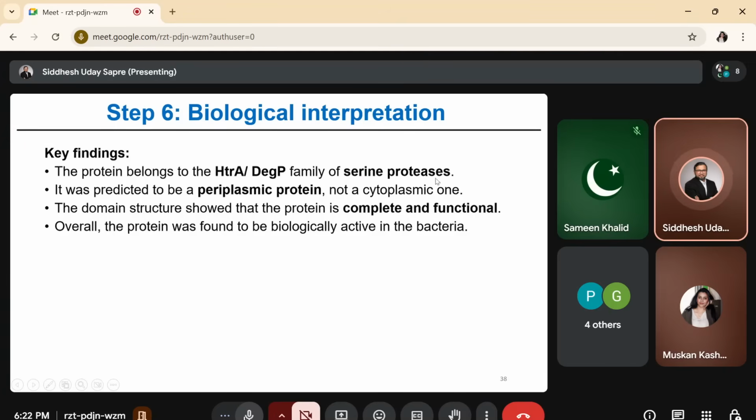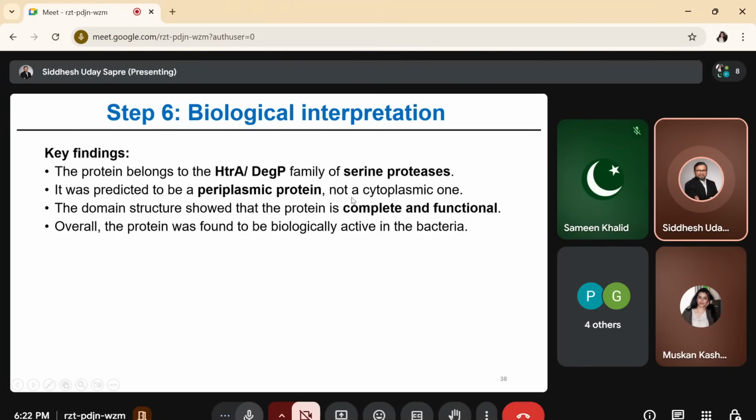To summarize this protein, I also did a little search, and I saw that the DECP family of proteases are present in many gram-negative bacteria which are pathogenic to humans. So it seems to be a very crucial protein for these bacteria. It was predicted to be a periplasmic protein and not a cytoplasmic one.